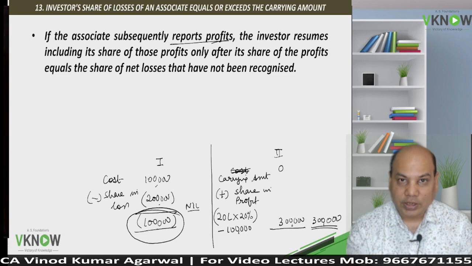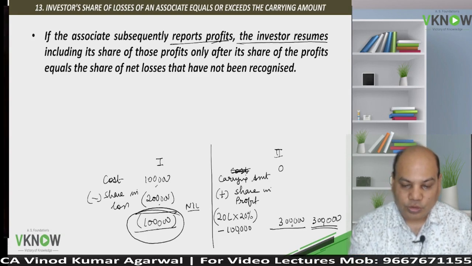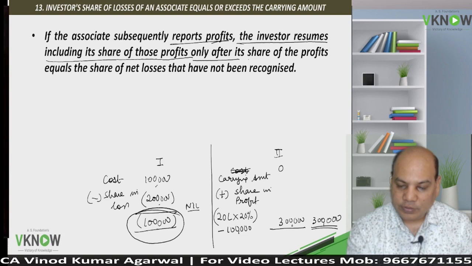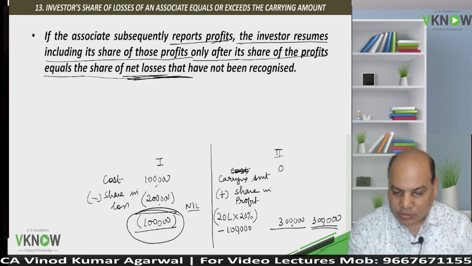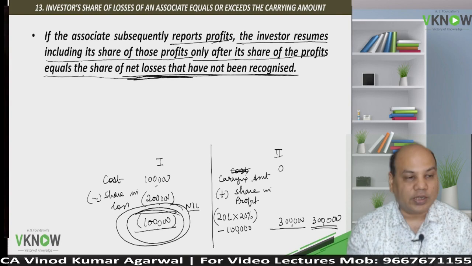Now let us read, keep looking at the example. The investor resumes including its share of those profits only after its share of profit equals the share of net losses that have not been recognized. This 1 lakh was not recognized.